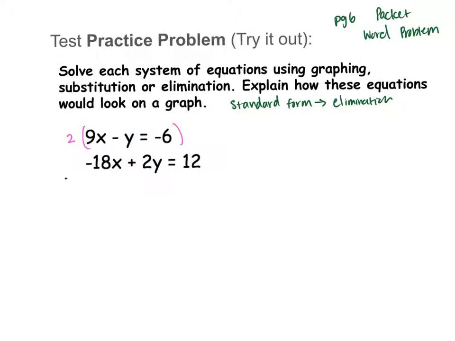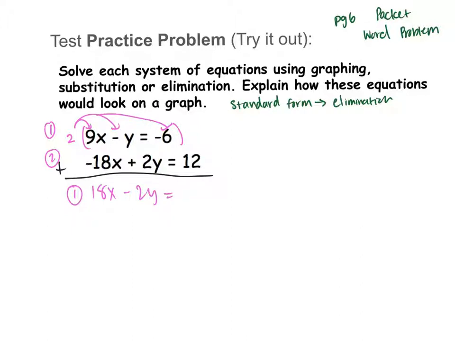And so I'm going to multiply that 2 all the way through. Remember, elimination is addition. So when I multiply the 2 in, my new equation, if this is equation 1 and this is equation 2, is 18x minus 2y equals minus 12. And then my bottom equation didn't change, so I'm going to bring it down the way it is.